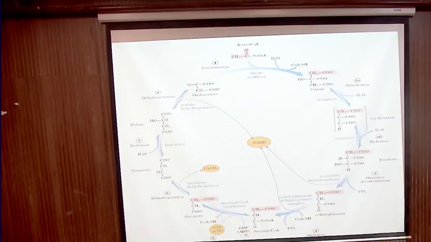Though it is not a single step, it is a combination of quite a few steps. We call it a dehydrogenase complex enzyme because multiple steps are taking place, but eventually what we need is acetyl-CoA, and that's where we begin our TCA cycle.